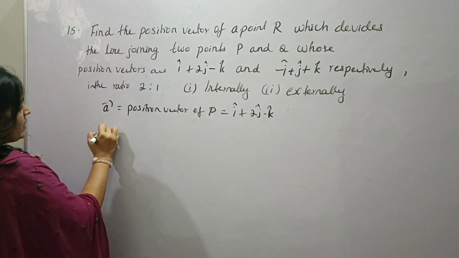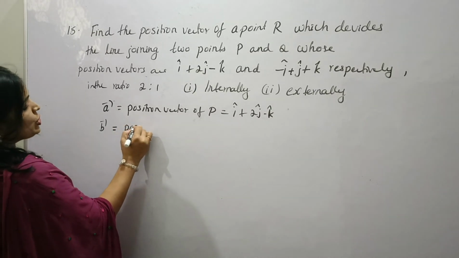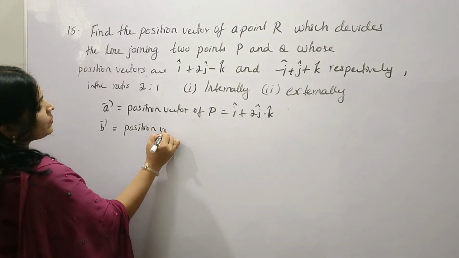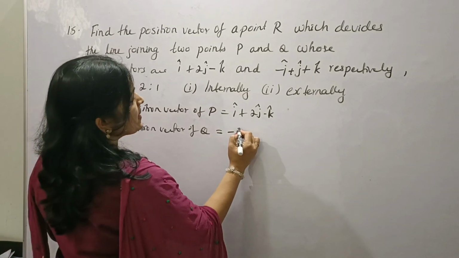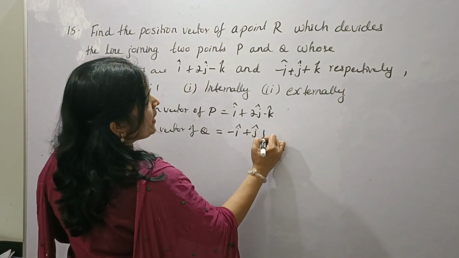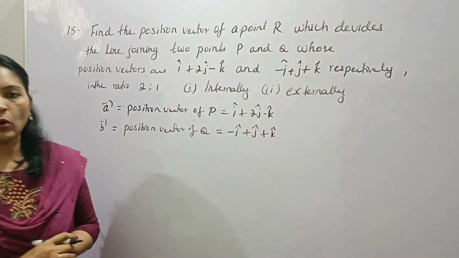Okay. And let vector B be the position vector of Q, that is equal to minus i plus j plus k. Okay.